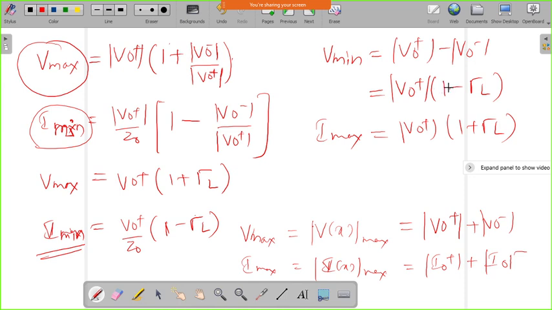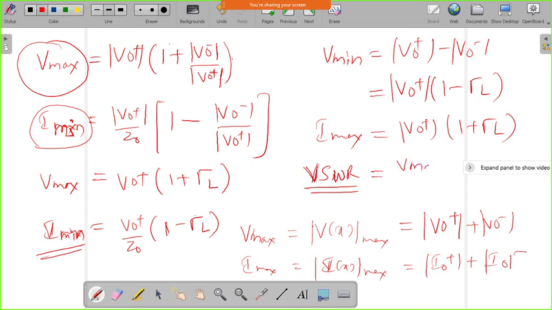Now we can define the standing wave ratio, which we call VSWR. This is a very important term, the voltage standing wave ratio.